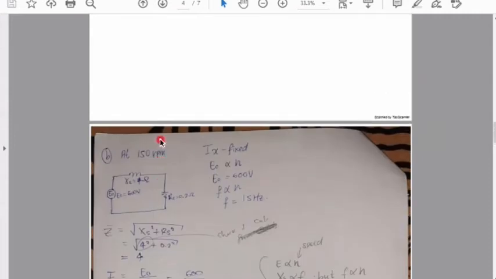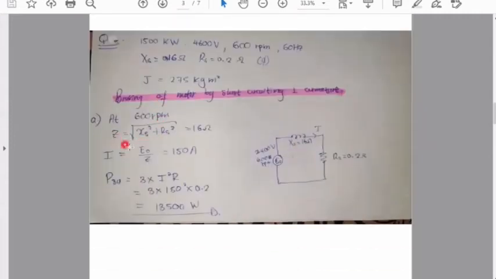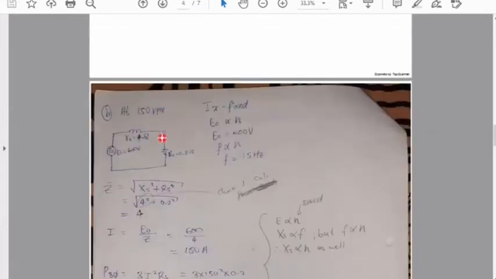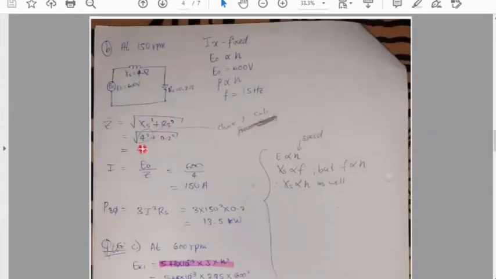So the first step that we did here is that we calculated the impedance. How did we calculate the impedance? We said it's the square root of synchronous reactance squared plus RS squared. Now our synchronous reactance changes. You're going to ask me, by how much will it change? What is the equation? Well, there's no actual equation.